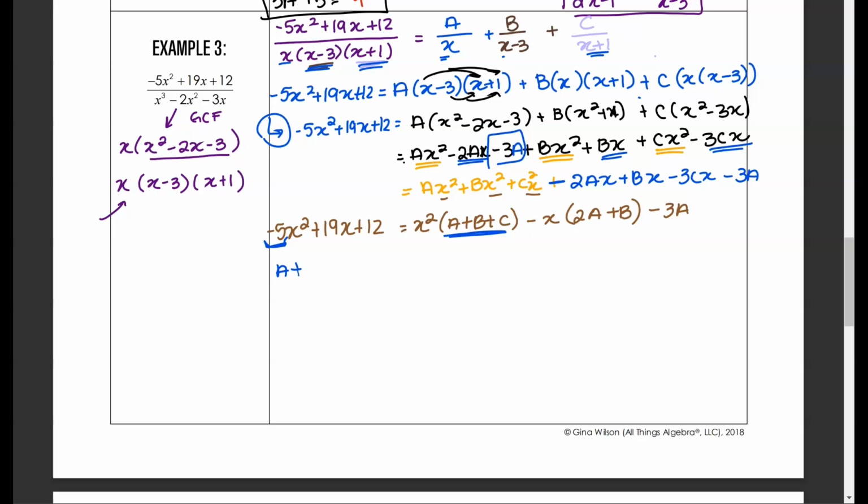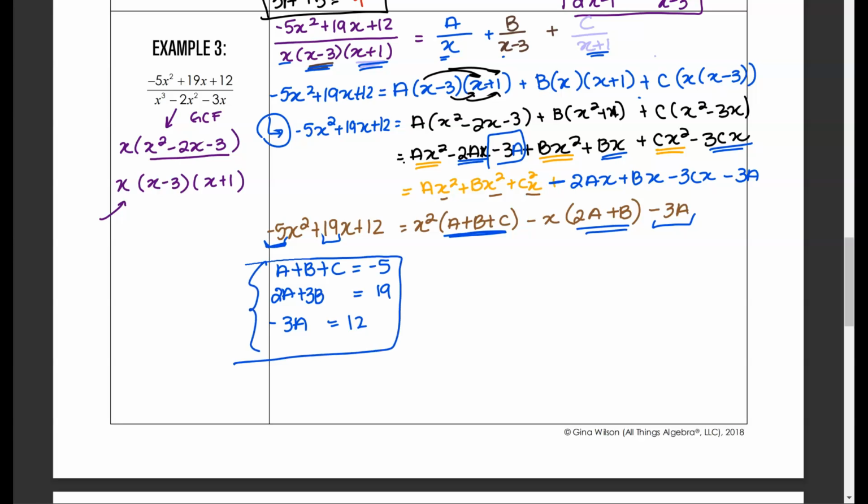So in front of the x I have 19, which means that 2a plus b equals 19. And lastly, I have negative 3a equals 12. And so here's our system that we want to solve.